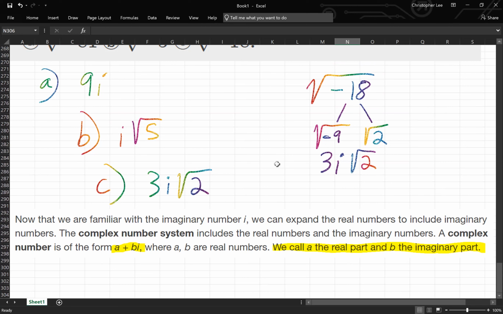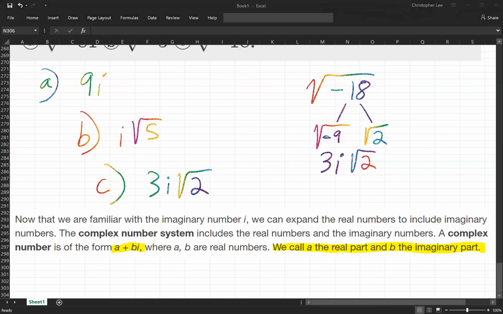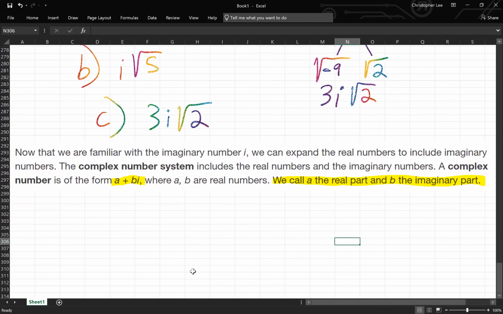A complex number is of the form a plus bi, where a and b are real numbers. We call a the real part, and we call b the imaginary part. We need to remember this: a plus bi, that particular form. That's how we're gonna write our answers. Make sense?